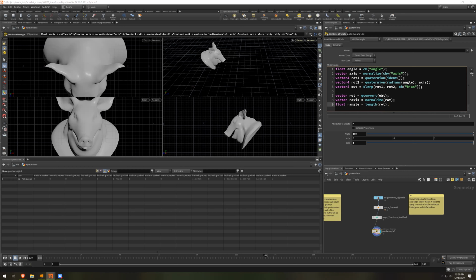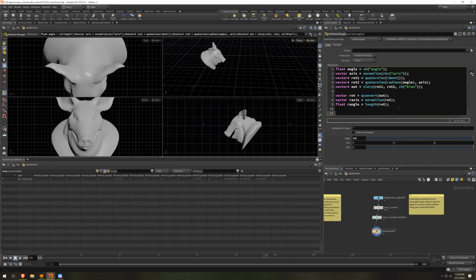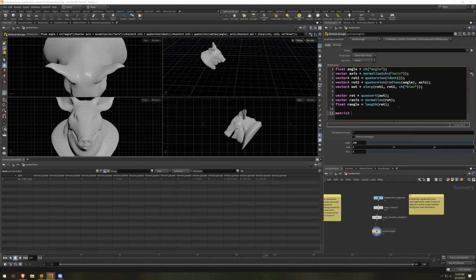Now that I have an axis and an angle, I can take this quaternion that I've blended and apply it to the matrix as a rotation using angle axis notation, like we were before. So again, I have to fetch the original matrix here. Matrix3 M equals the same prim intrinsic function we've always used.